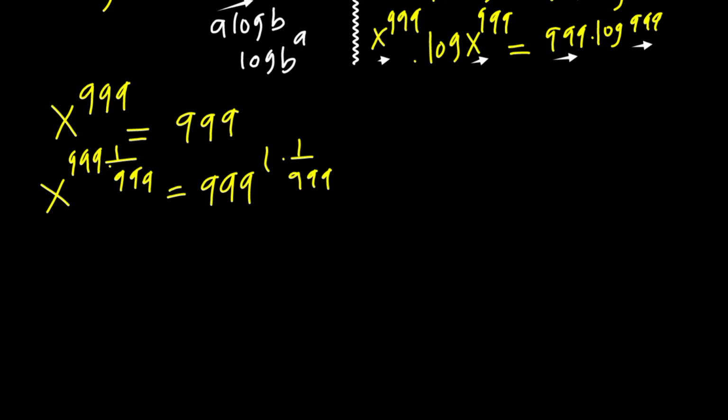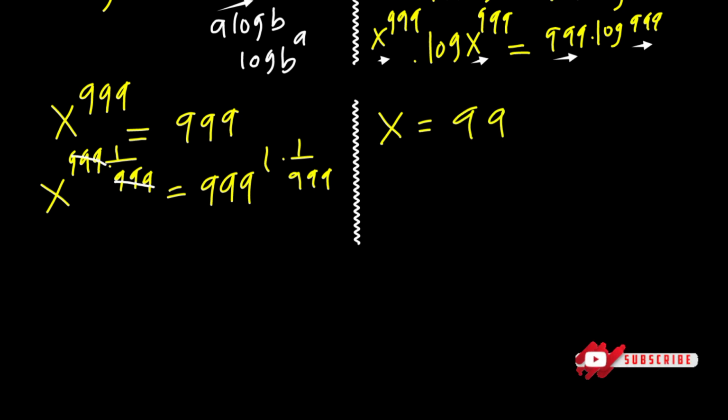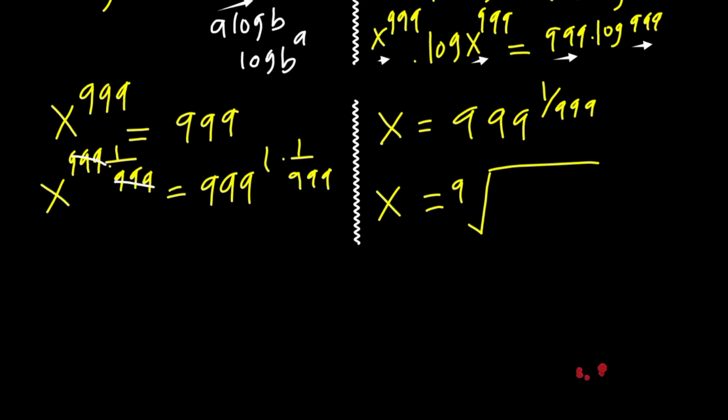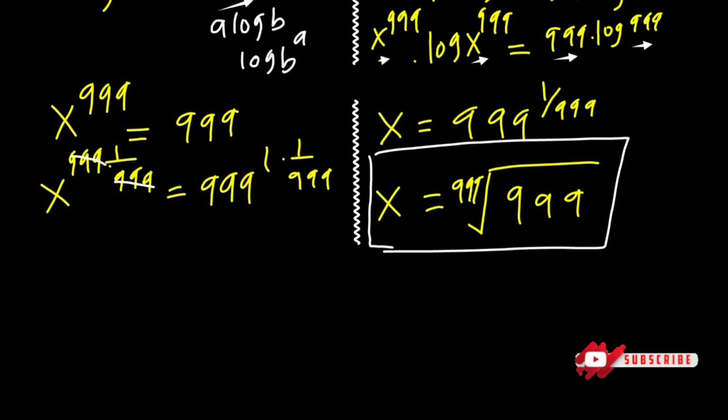And then moving further here, we can just say 999 cancels 999, so we're left with x equals 999 to the power of 1 all over 999. And we can rewrite this as 999 root of 999 as our final and only solution.